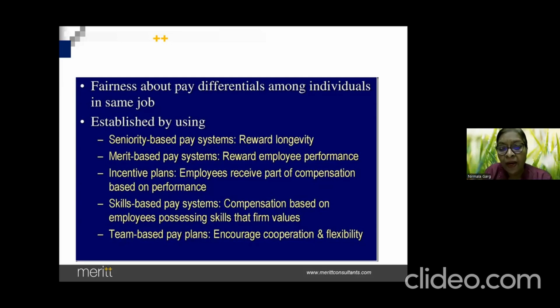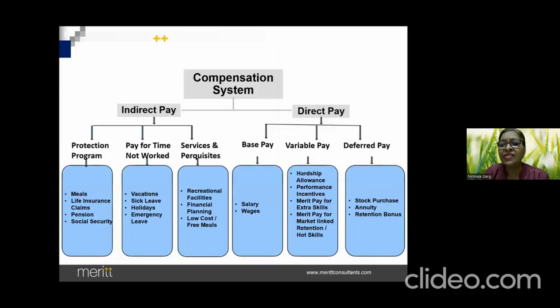Therefore, when we talk about individual equity, all that we do mostly is what? If this is the compensation system, please be very clear now because this is your last session. Base pay is done by what? I'm just checking.